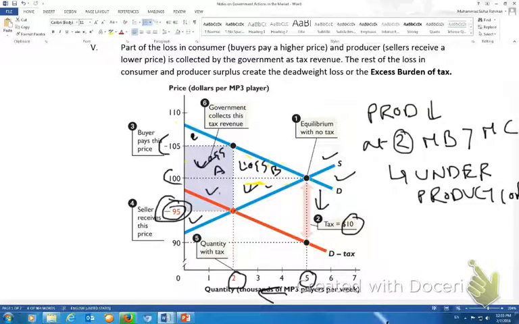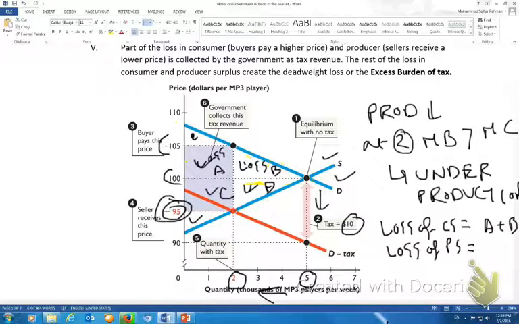Producer's surplus now is also the smaller rectangle. That means our producer now loses the rectangle C and the triangle D, okay, as a result of this tax. Now let's come back, so we can write it down. So loss of consumer surplus therefore is A plus B. Loss of producer surplus is C plus D. Then at the new equilibrium quantity of 2, the government receives a tax of $10 per unit.